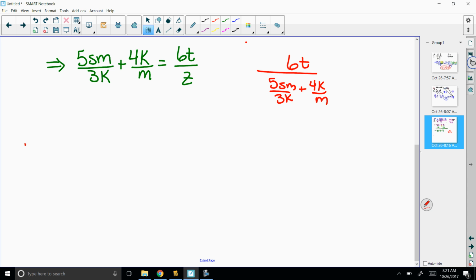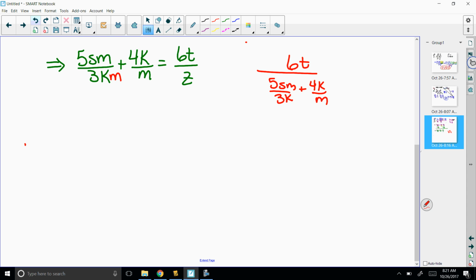Okay. Or we can go with what Hallie said, and that is to get a common denominator and make this one fraction. Then you have a fraction equal to a fraction, and it's a proportion. So then it's just cross multiply and divide. So if I get that common denominator, what is the common denominator? 3KM.